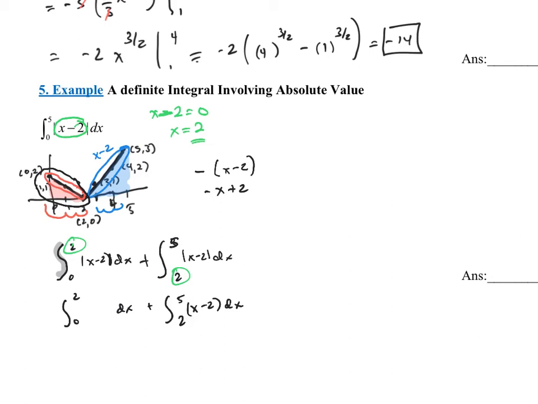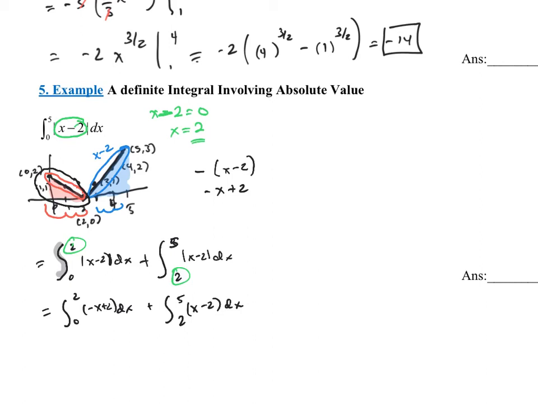So for the first part of this, I'm actually integrating the curve negative x plus 2, which is the opposite of x minus 2. Because x minus 2 would have given us a negative number, the absolute value would have made us take the opposite of it. Okay, I know that's really difficult to understand. That's the math way of saying it.